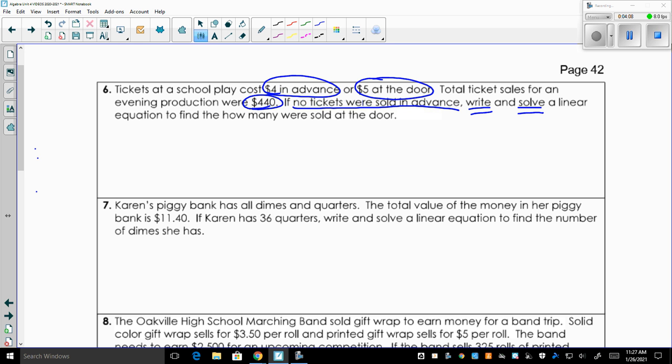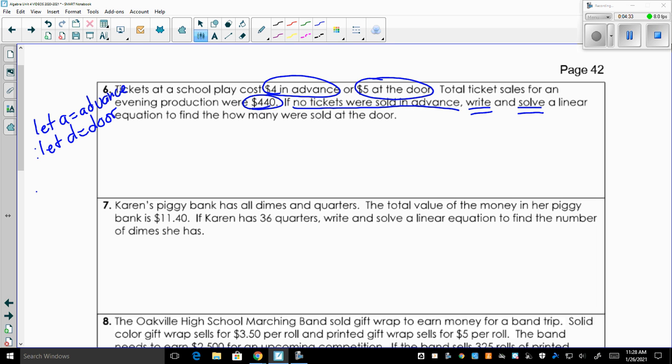Because we're comparing 2 pieces of information, 2 types of tickets, it's best to use a standard form equation here. So I know I'm going to use A for advance. Let A equal advance tickets. You could use X's and Y's, it's fine. I just know where this is headed. Let D equal door tickets.